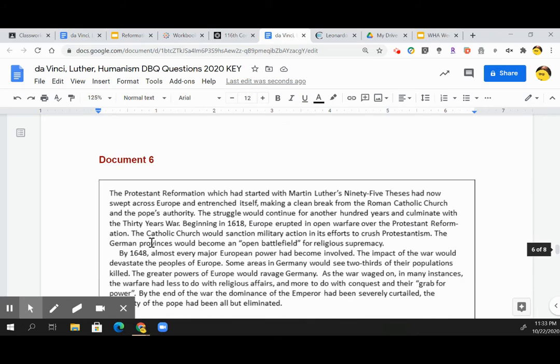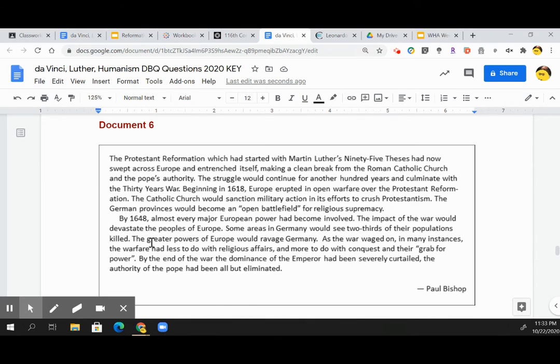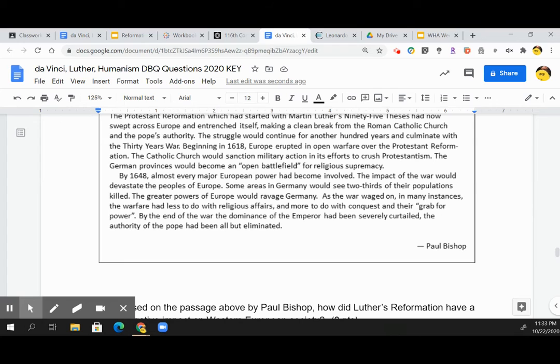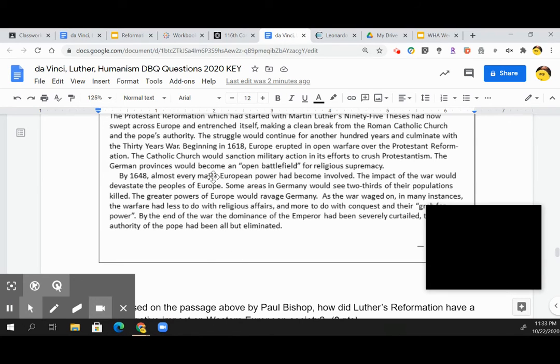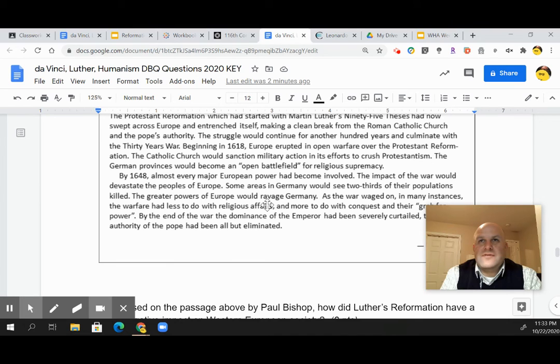What are two ways that he responds? And this is talking about how Martin Luther's actions led to a war, what later would be called the 30 Years' War. By 1648, almost every major European power had become involved in this, and some areas of Germany saw two thirds of their population killed by this war.